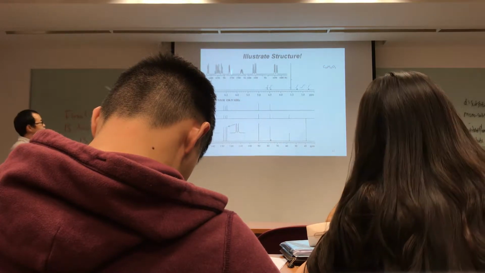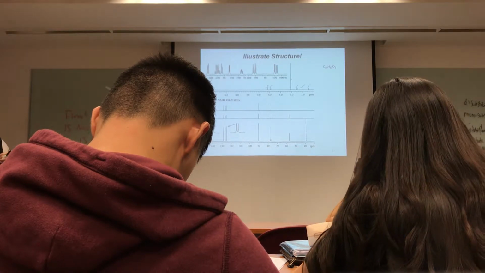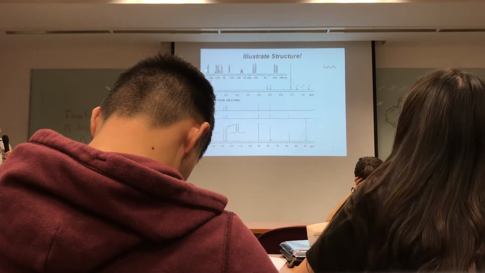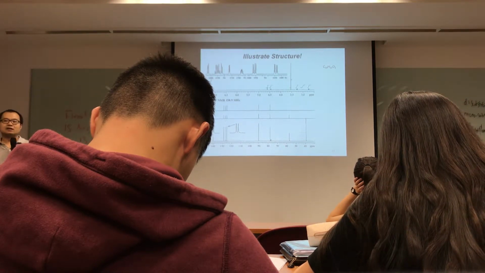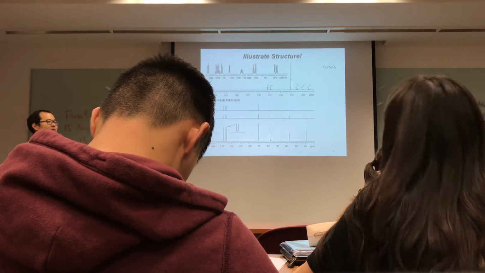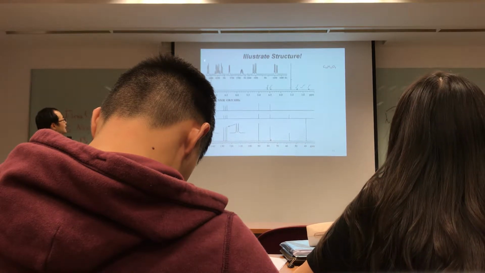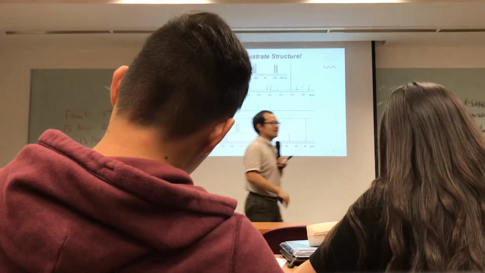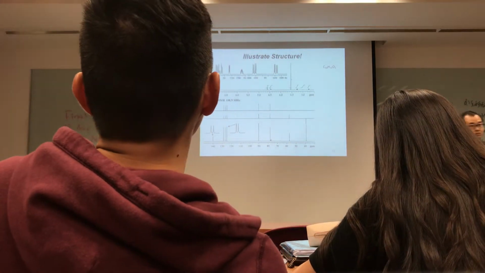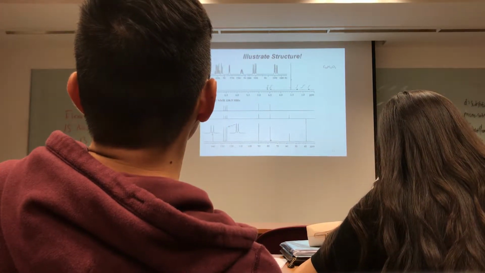For this area, you can check how that looks, right? This one is a doublet. This is a doublet. In the middle, it looks like a triplet or doublet of doublet, something like that. At least you see there are 2 doublets there. That can clearly tell you it's a 1,2-disubstituted phenyl, right?